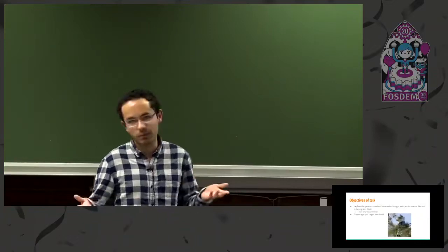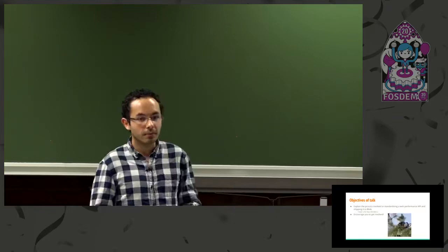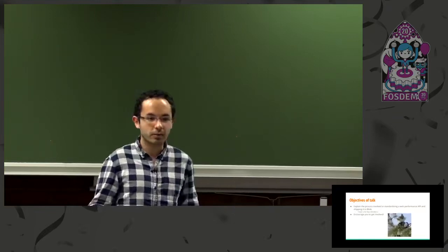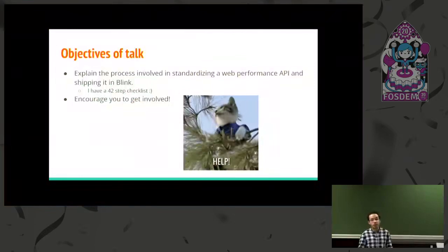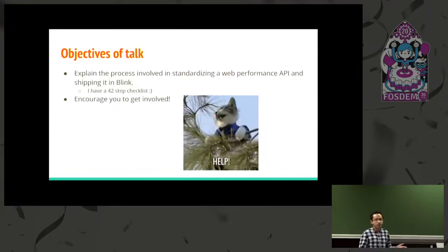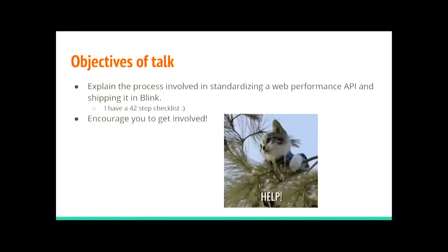And the second objective is to encourage web developers here or web performance enthusiasts to get involved. We love to get feedback about what we're working on, the new APIs, and what we should be working on, like what new APIs we should be surfacing to web developers. So that's one of the other purposes of the talk, to get some help from you, to get some feedback about what we should be working on.